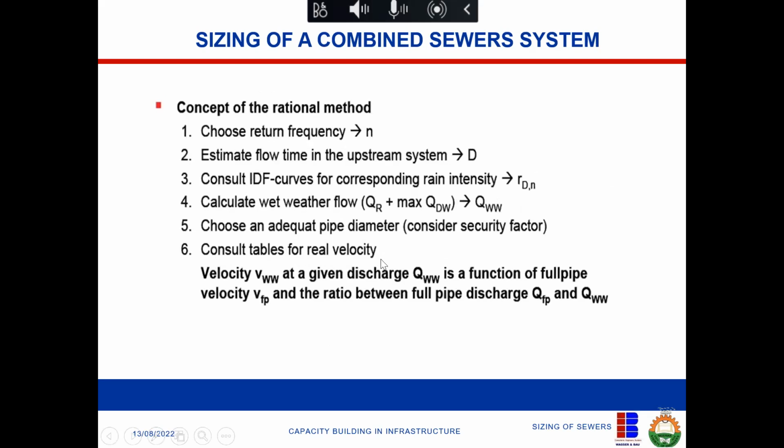So number 6, after you've done this, you can now go and consult the table to get a real velocity. I tell people that this is for academic purposes. Nobody will tell me the velocity of a place. In fact, to do the first one, you need to assume a velocity of 2 meters per second.